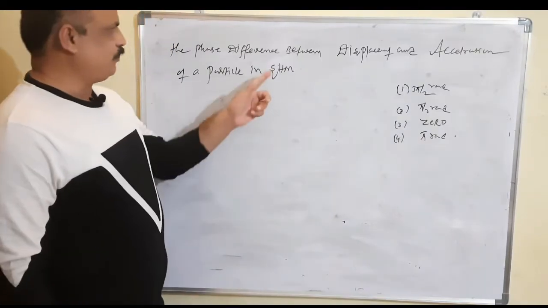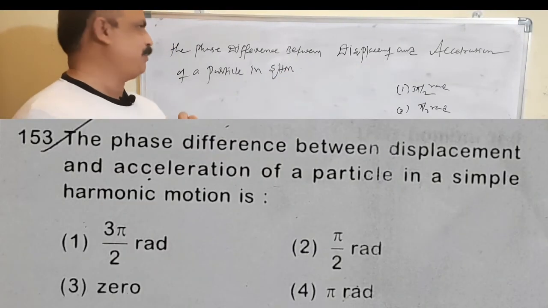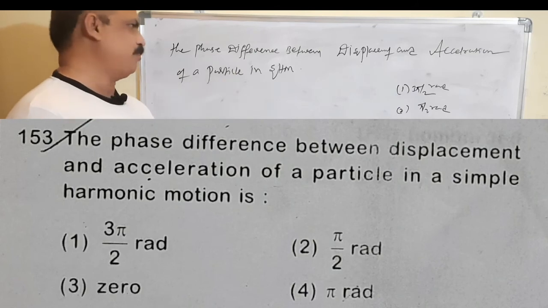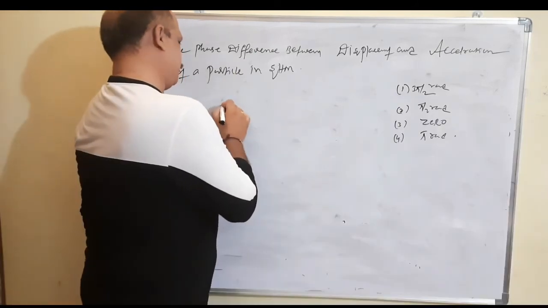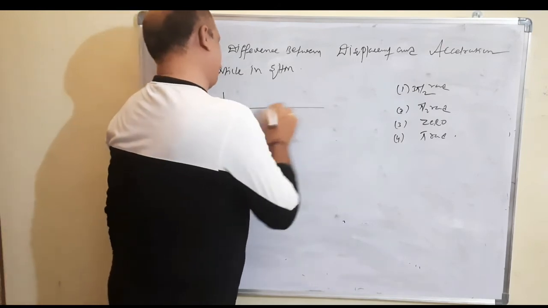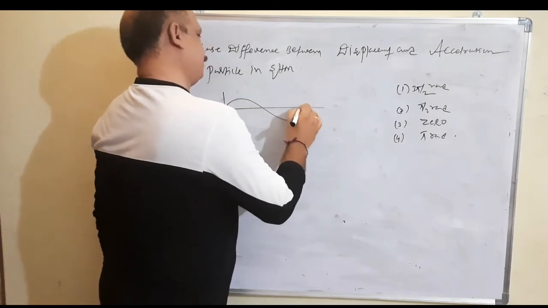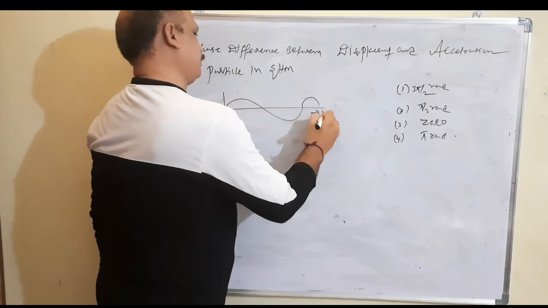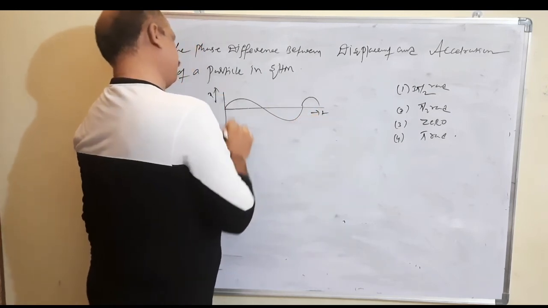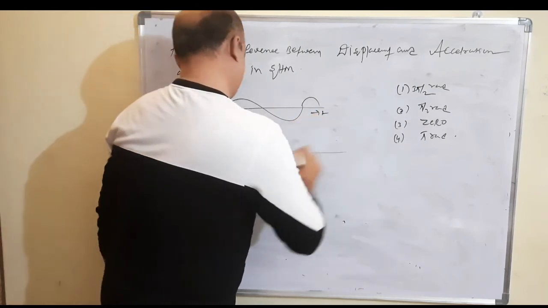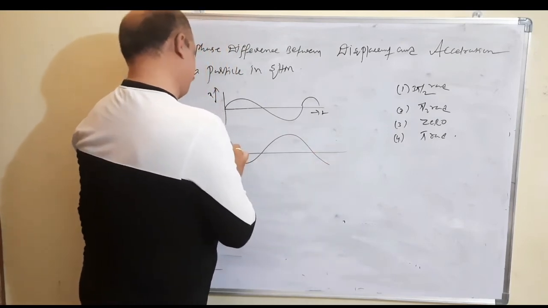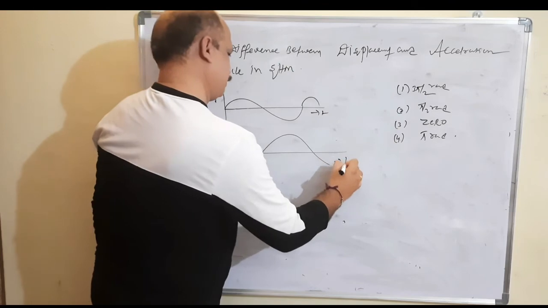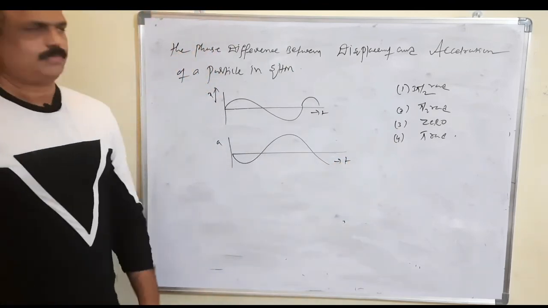So next question, the phase difference between displacement and acceleration of a particle in SHM. Here we draw the displacement time graph. This is the displacement time graph and this is the acceleration time graph.